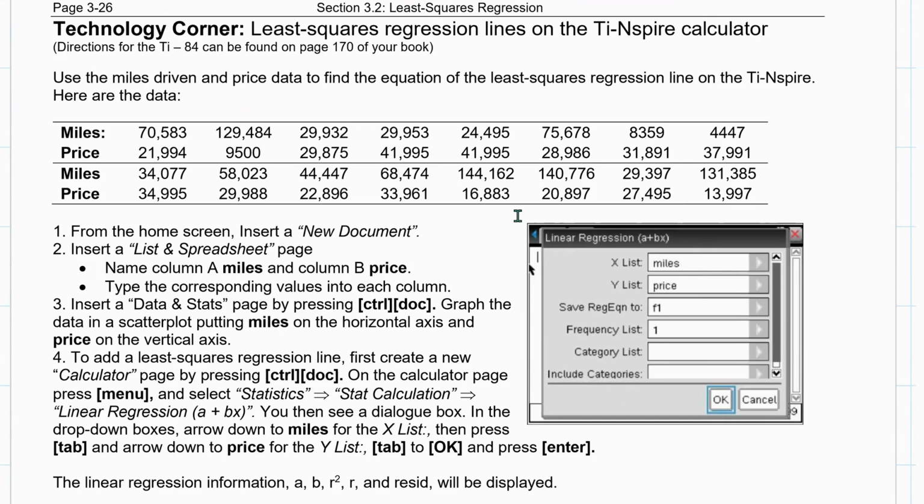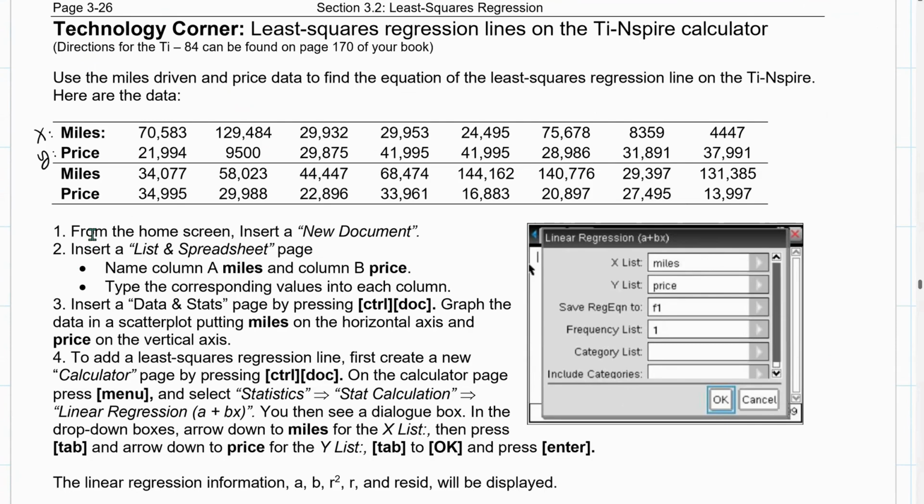Now, here's the idea. We've got a whole bunch of values that are going to be our explanatory variable, our miles driven, and we've got a variable which has a whole bunch of values, which is going to be our response variable, the price. And we're going to get this data into our calculator.